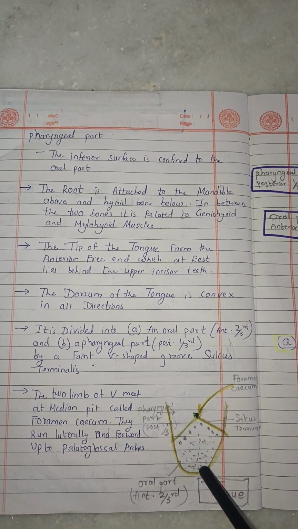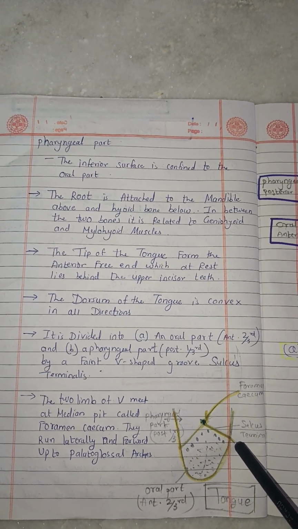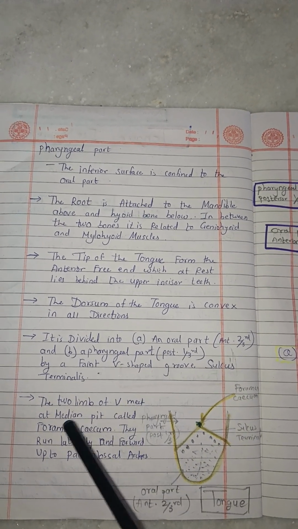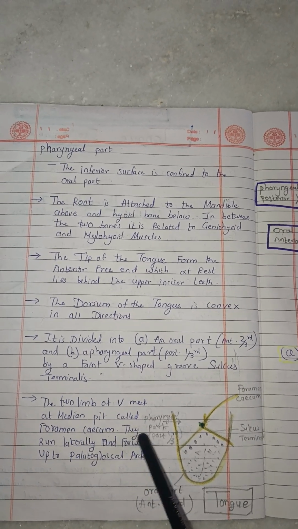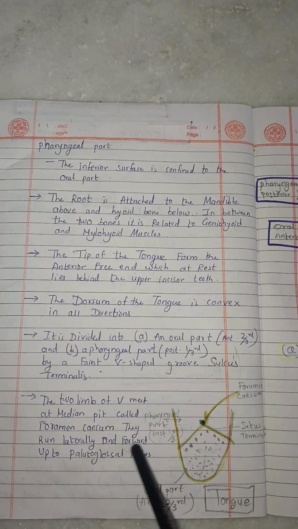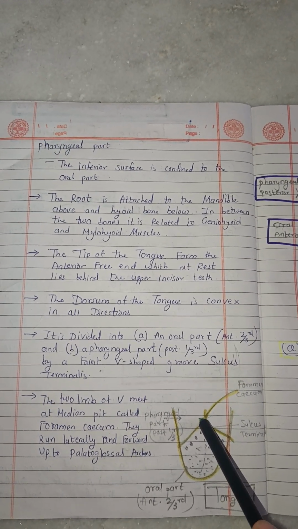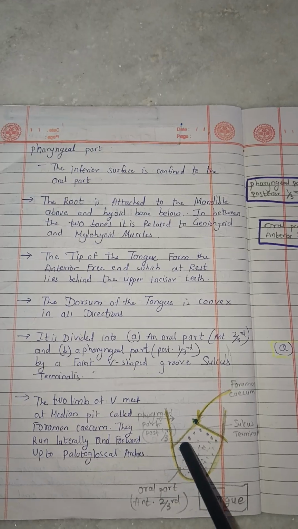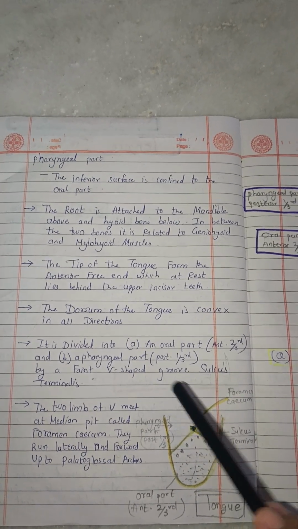See, this is the oral part and this is the pharyngeal part, separated by the sulcus terminalis. The two limbs of the V meet at a median pit called the foramen cecum. They run laterally and forward up to the palatoglossal arch. So this is the foramen cecum, and this is the anterior 2/3 and posterior 1/3.